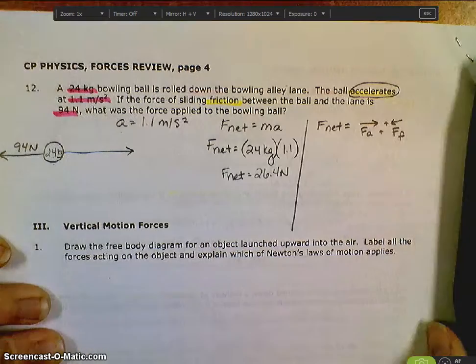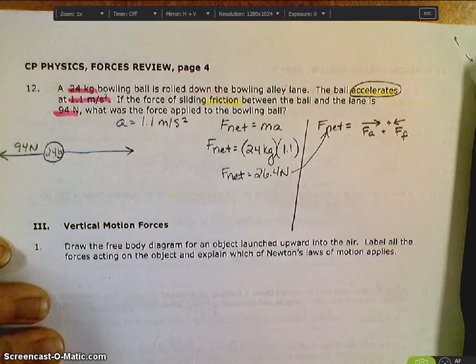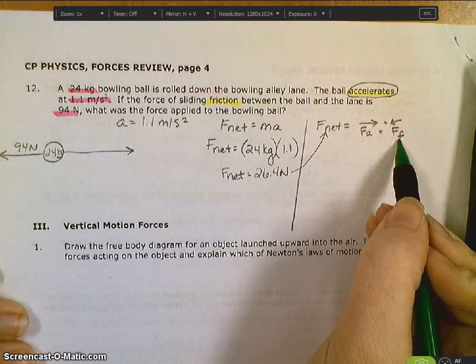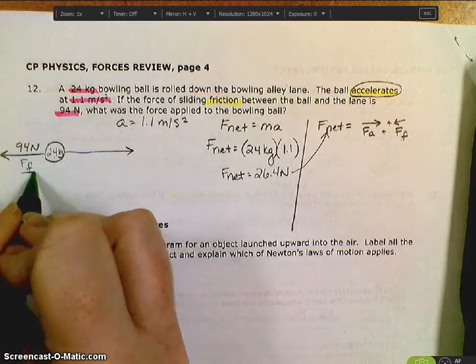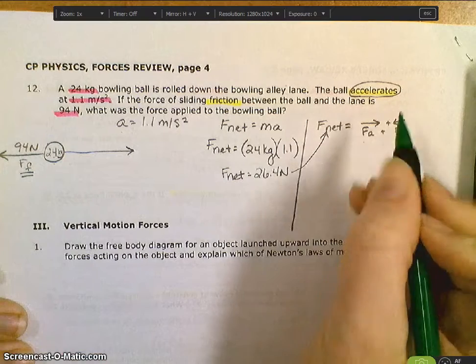Again, I'm not done here. I take that F net and I move it right over here. I also need to look and ask, what do I know? In my picture, I know friction force. So, plug it in.